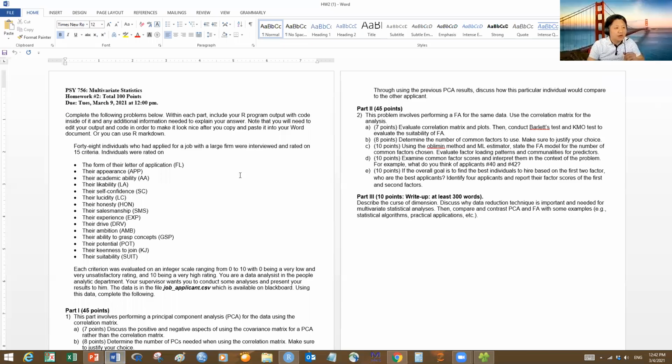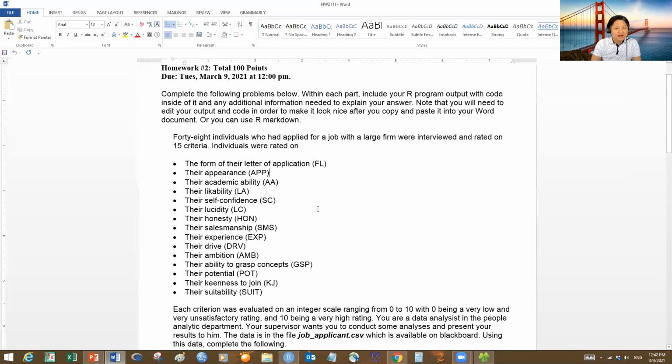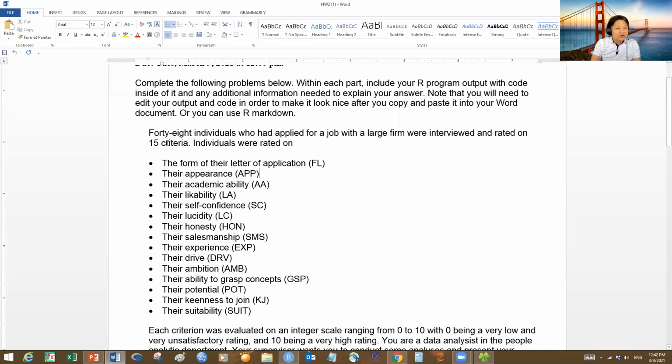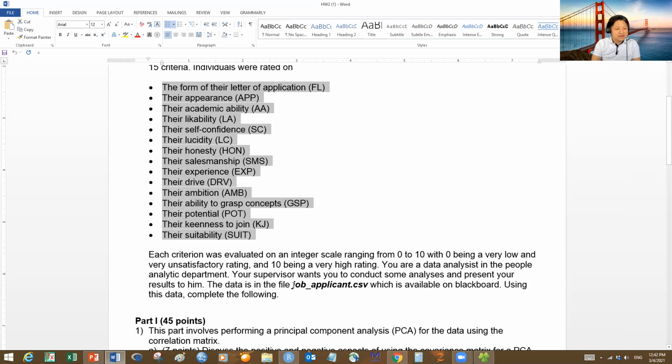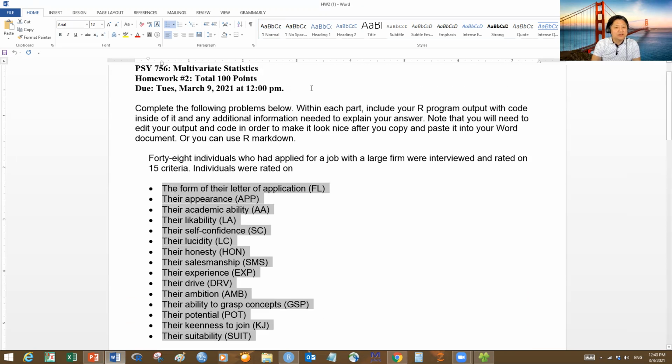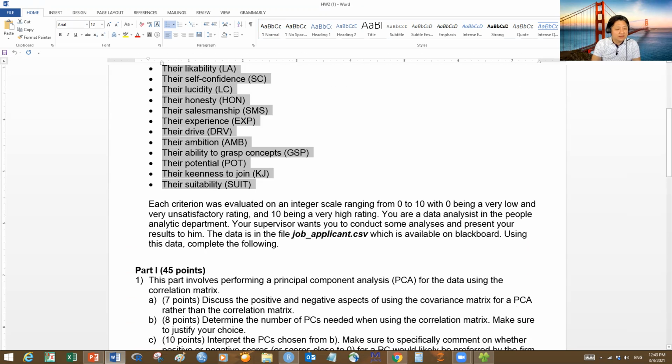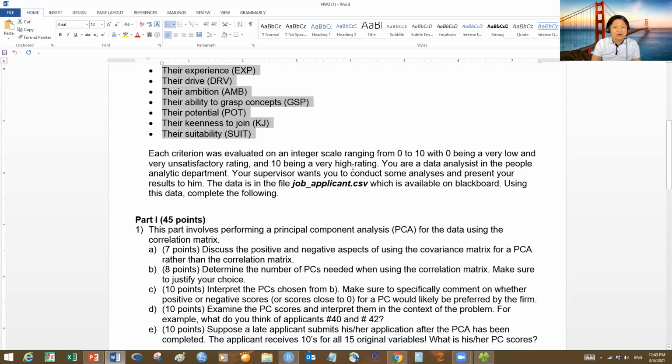Okay, this is the homework, right? You have 15 criteria. These are 15 criteria. And your sample size is, where's the sample size? Do you have a sample size? Okay, I don't have a sample size here, but anyway.